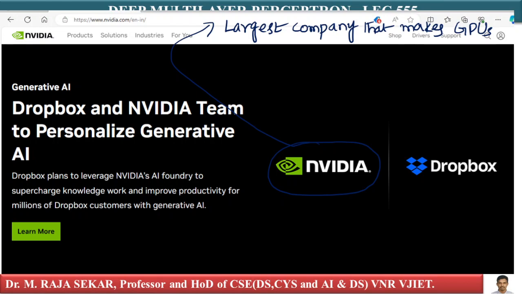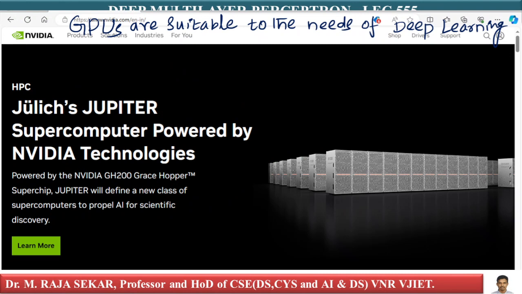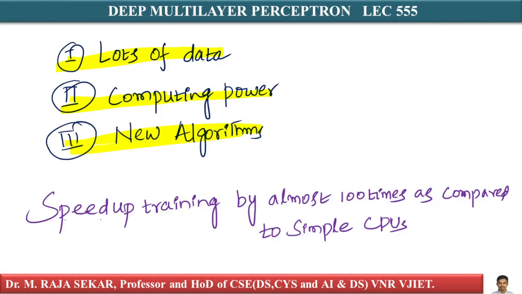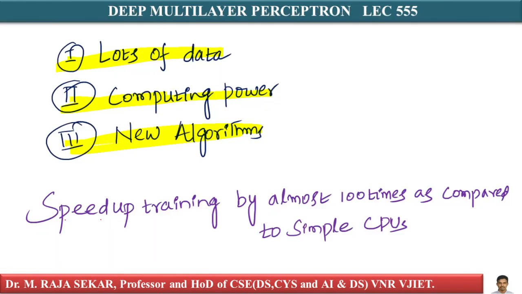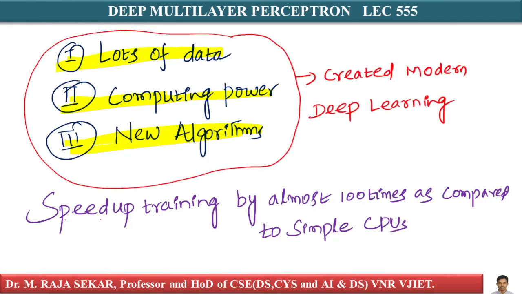NVIDIA provides some of the best GPUs, and what researchers figured out was that GPUs are very suitable to the needs of deep learning algorithms. They were super useful. Lots of data, computing power, and new algorithms literally created modern deep learning.